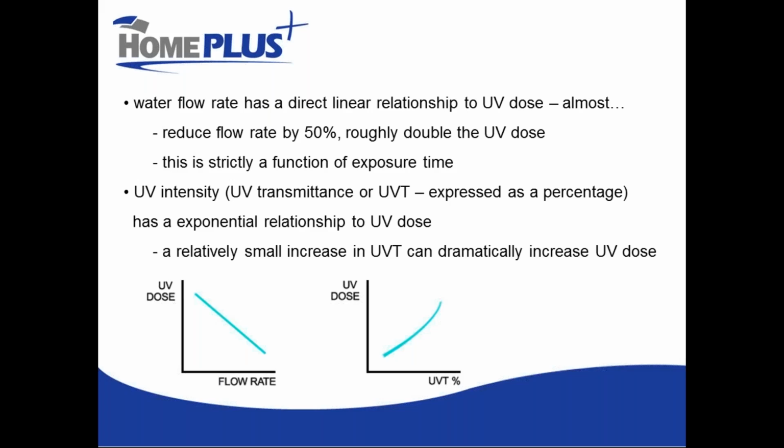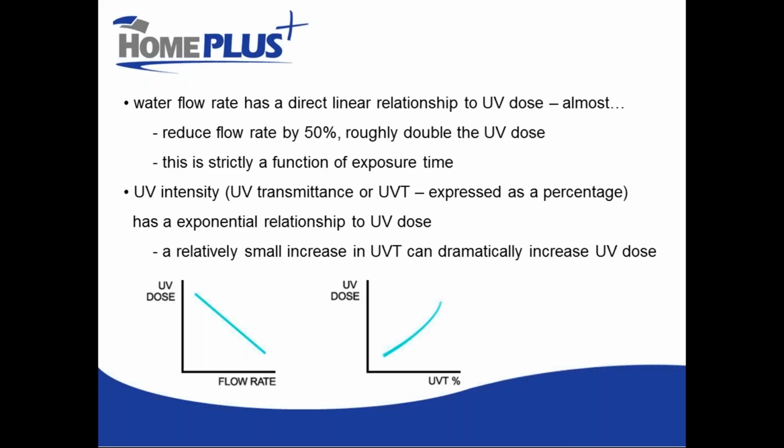UV intensity, though, has much more of an exponential relationship to dose. So very small increases or decreases in UV transmittance can cause a very significant increase or decrease in dose. When we think about this, this is an area within our maintenance that we have a lot of control of.